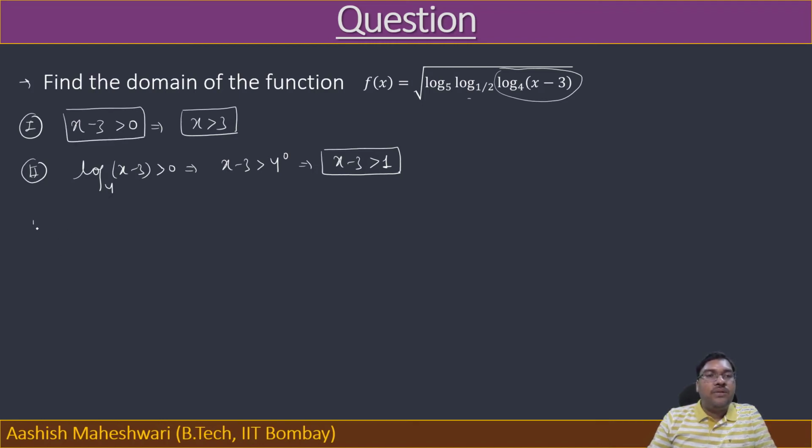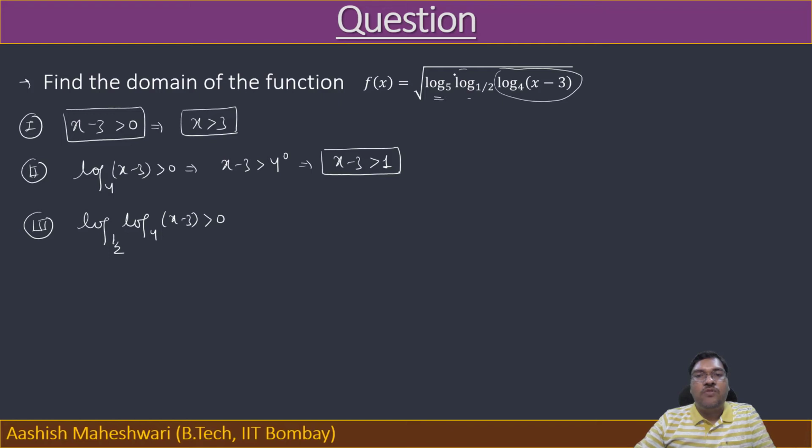Okay. Now the third condition will be, you can see, log base half of log of 4, x minus 3. Now this should be greater than 0 because only then will this log be defined, when this quantity is positive.